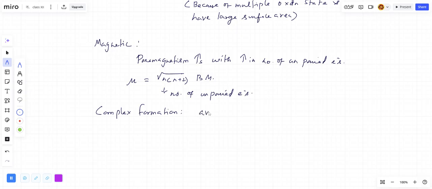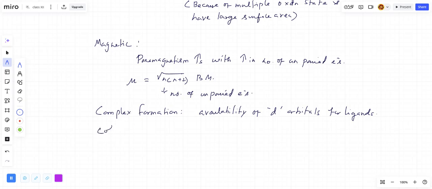Even if it is empty, there is an orbital available for ligands to donate electrons. So that is why it forms complex compounds.